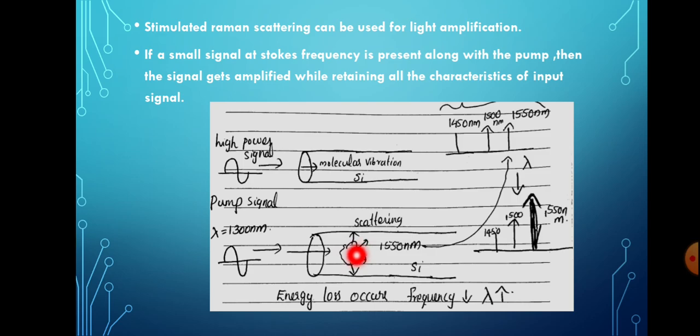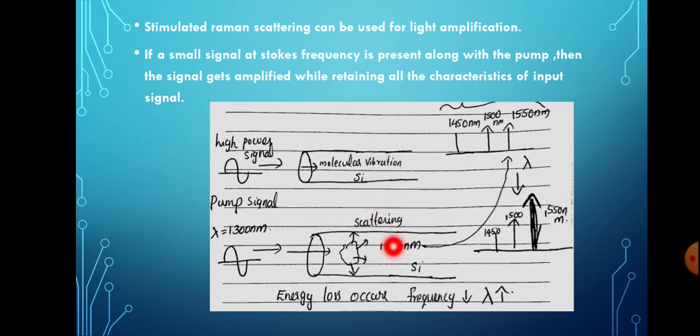When it interacts with the molecular vibrations, its energy is lost, and due to this loss of energy its wavelength increases. You can see that its wavelength is now 1550 nanometer. That means the 1550 nanometer signal already present in the fiber has its energy increased, or strengthened. So in the optical fiber Raman amplifier, amplification takes place in this manner.